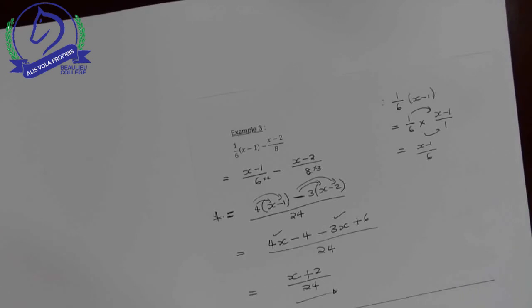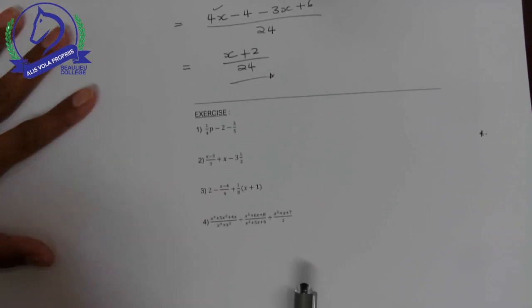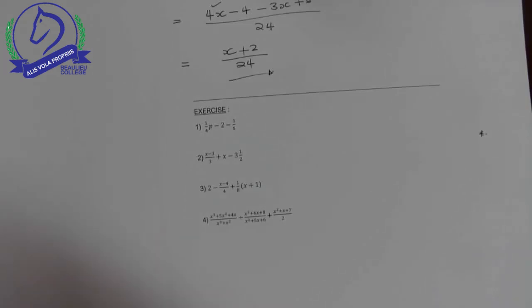Right, grade 9s. That's enough of me for now. There are 4 questions that follow the examples that I've done now. Example 1, example 2, and example 3. So for the rest of this hour, you are expected to do these 4 questions. And if you are done before the hour is over, that's fine. If you are not done, then you would obviously have to carry it over as homework.